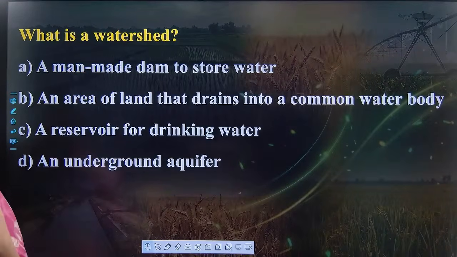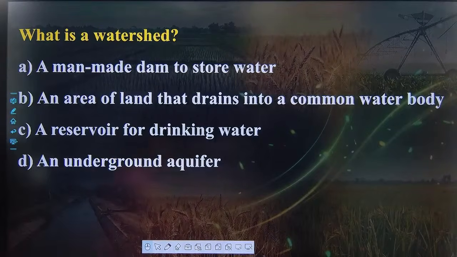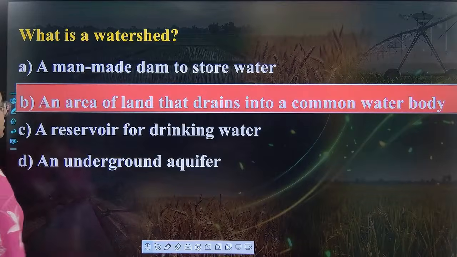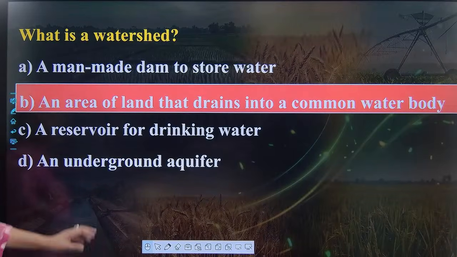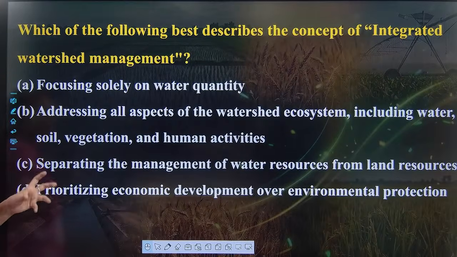Next question. What is watershed? Okay. Yes. Option number B, an area of land that drains into a common water body. Next question. Which of the following best describes the concept of integrated watershed management?